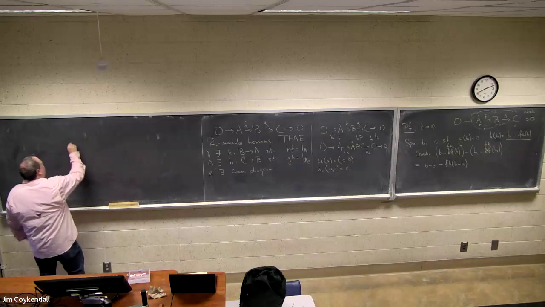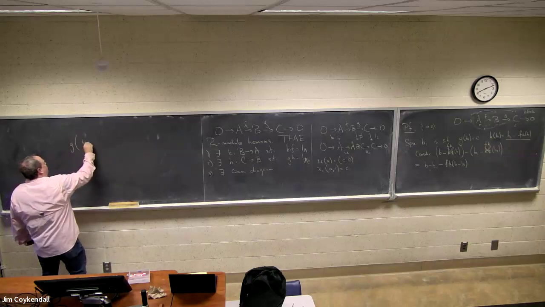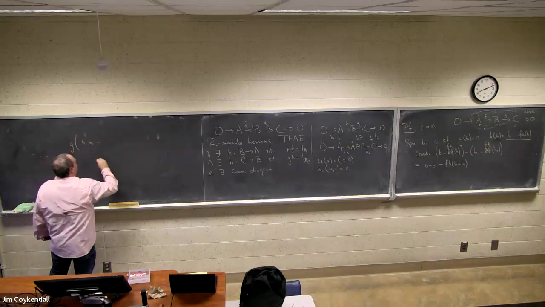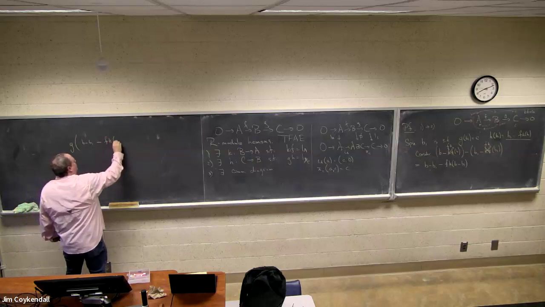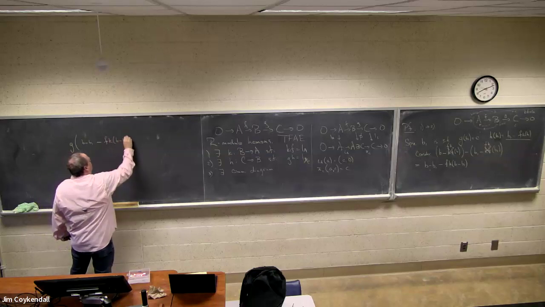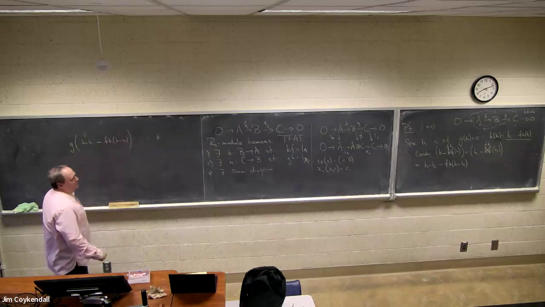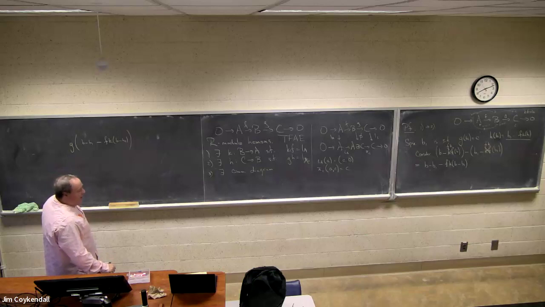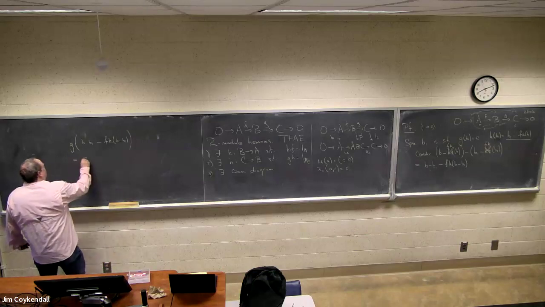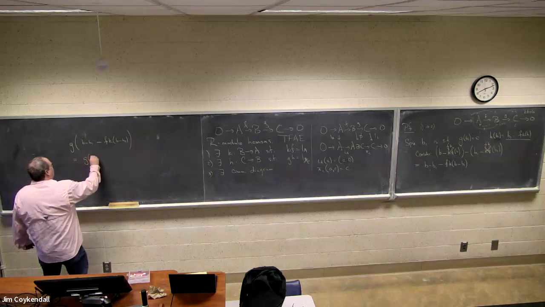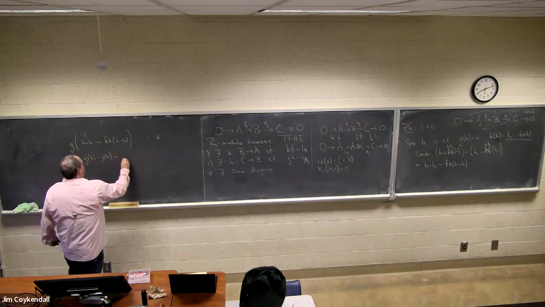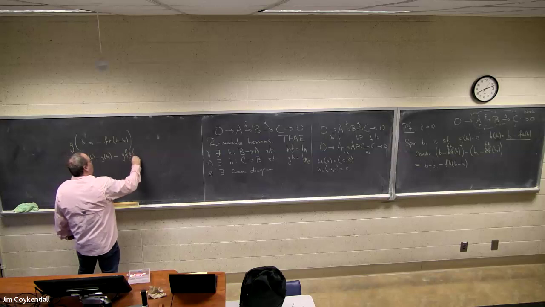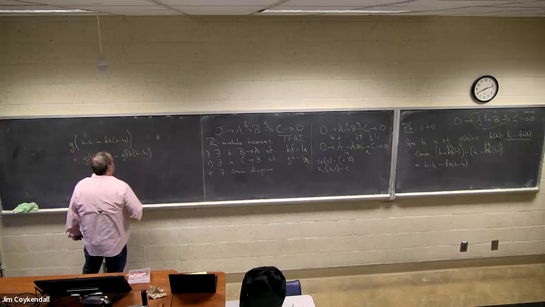Now, notice that if we look at G of B minus B1 minus FK of B minus B1, this is G of B minus G of B1 minus GFK of B minus B1.